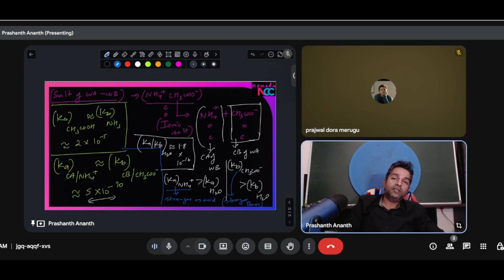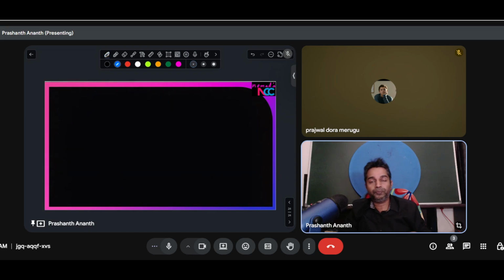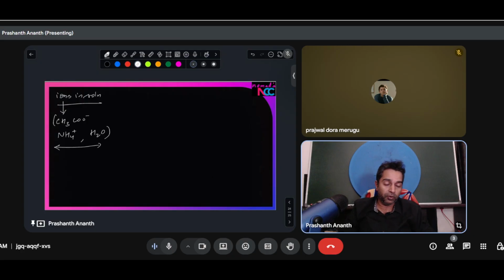So what does this basically give us as the final piece of information over here? When you're going to be having the ions in solution now, let's try to understand what is present in solution right now. We are going to be having CH3COO minus, NH4 plus and water. All three of these are present. They are interested in reacting. Something has to react over here.